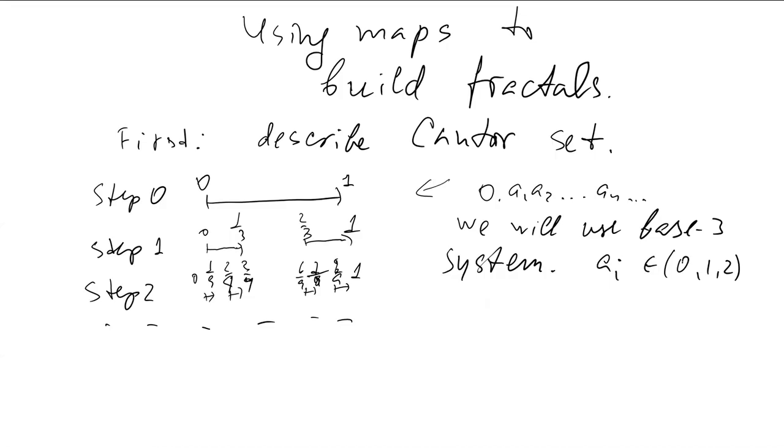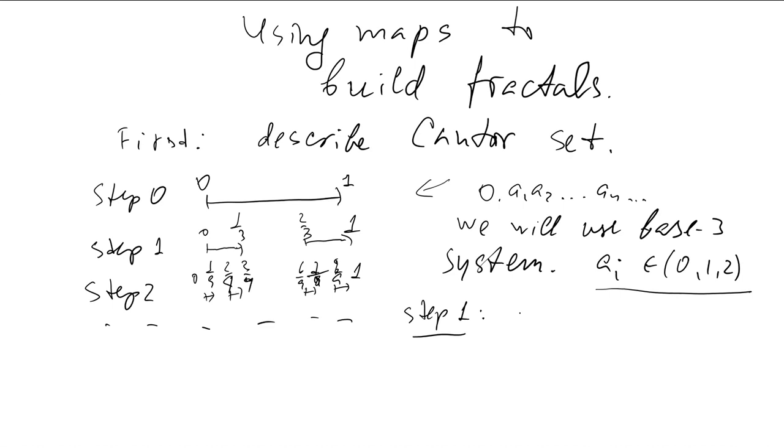Now let's consider what happens at step 1. At step 0, this A1, A2, and so on, AN, are any numbers. So Ai is any digit: 0, 1, and 2. Now at step 1, what does step 1 say? Step 1 says that we get rid of the segment in the middle. And the segments in the middle are, in fact, all numbers with A1 equal to 1. So what does it mean?